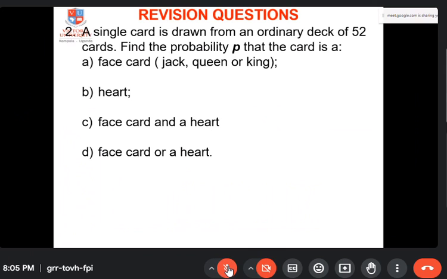Is it 13 out of 52? I didn't calculate. But anyway, we apply the formula, not so? The probability of face union heart is equal to the probability of face plus the probability of heart, subtract the probability of face intersection heart, not so? Is that what we have done?